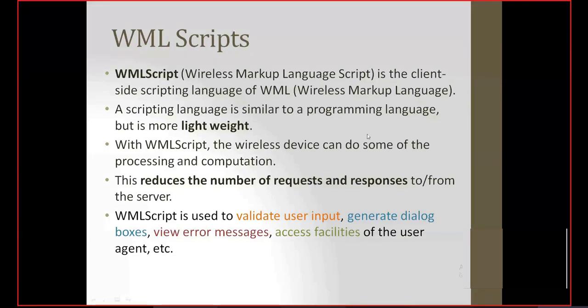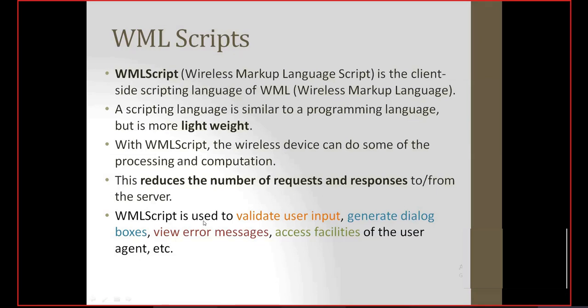That is why we reduce the number of requests and corresponding responses by performing some computations on the client side itself. That is the use of JavaScript also, as you all know, right? Similarly, to reduce the number of requests, we use WML script in case of wireless devices.